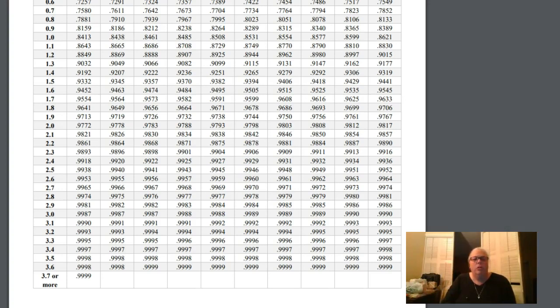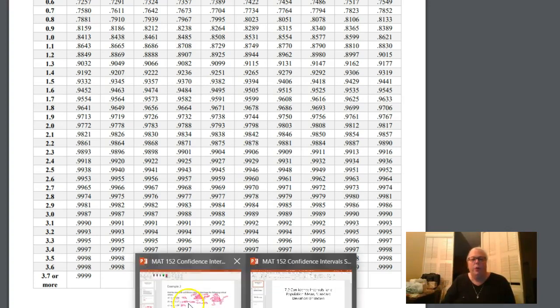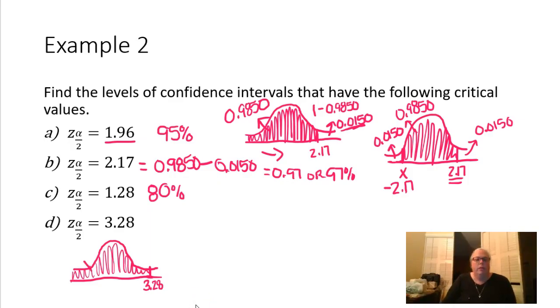3.20, 1, 2, 3, 4, 5, 6, 7, 8. So it's 0.9995. That means that my open area back here is 1 minus 0.9995, and that's going to give me 0.0005.